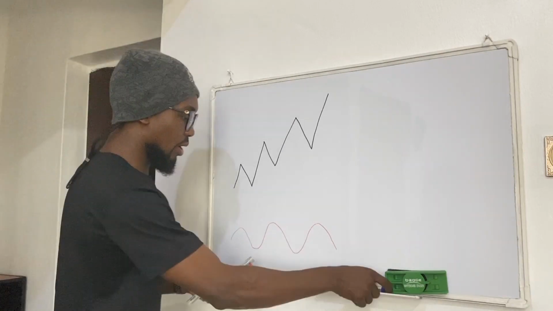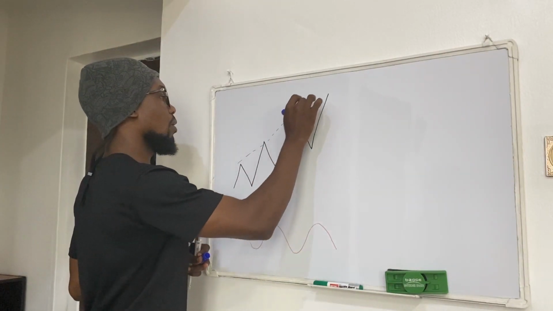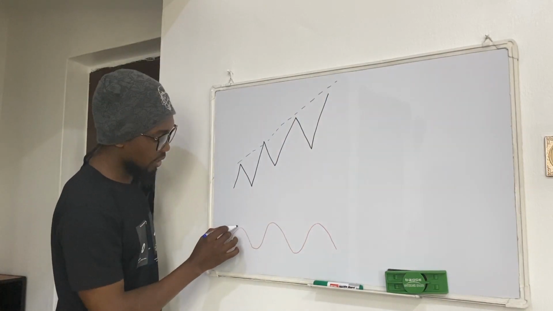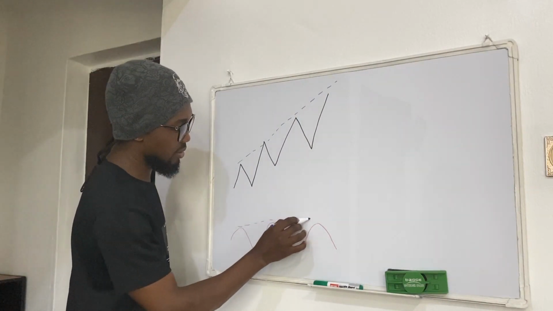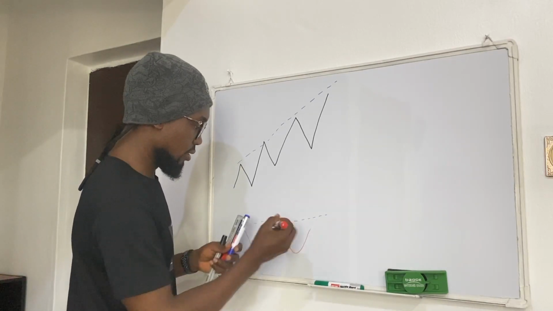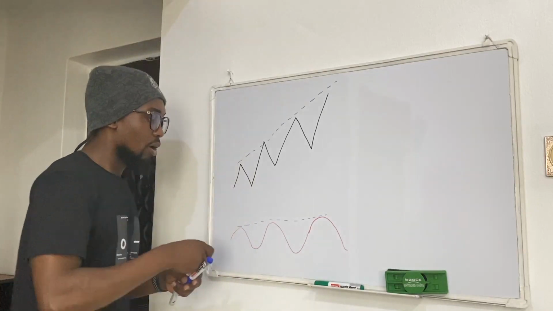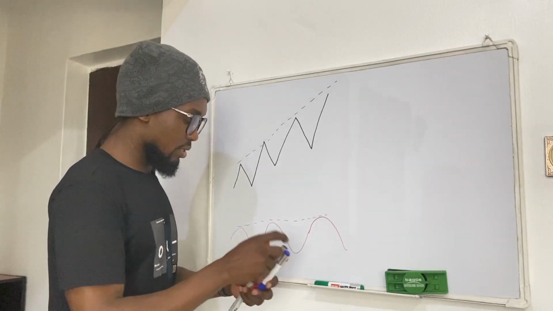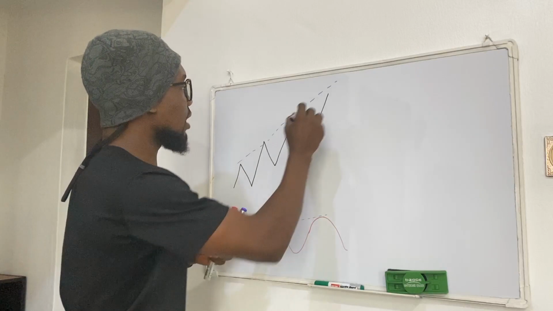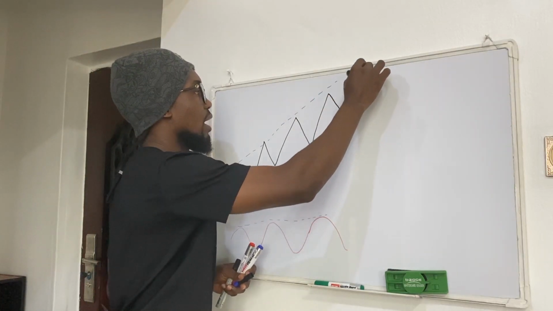What I'm talking about here is this. If the market is going up like this, we expect that the indicator should be rising. We want to see the indicator rise. Now tell me, guys: the market makes another high, pulls back, makes a high.